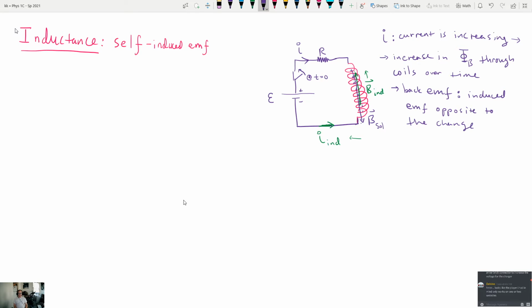Okay? So it's called back EMF. That's the name I'm going to give to it. It's induced EMF opposite to the change in flux, or the change in current. So what this means is that when you have a system like this, the current cannot develop instantly, okay?